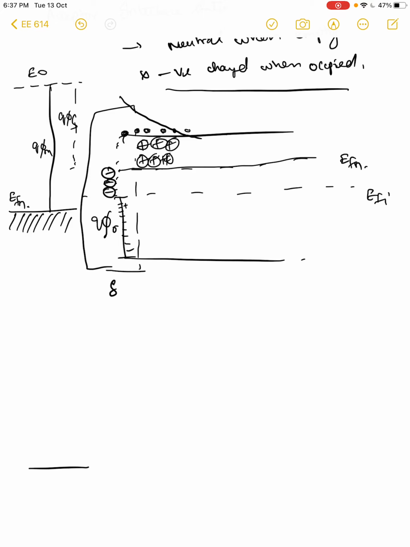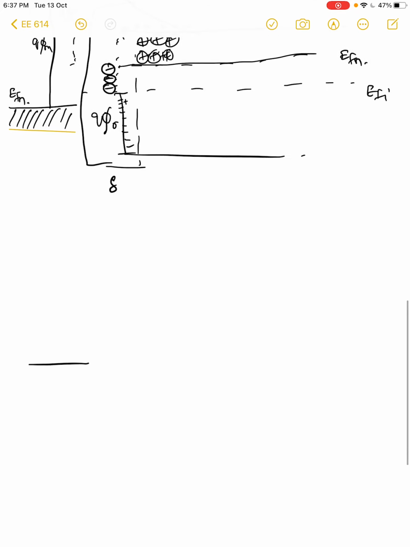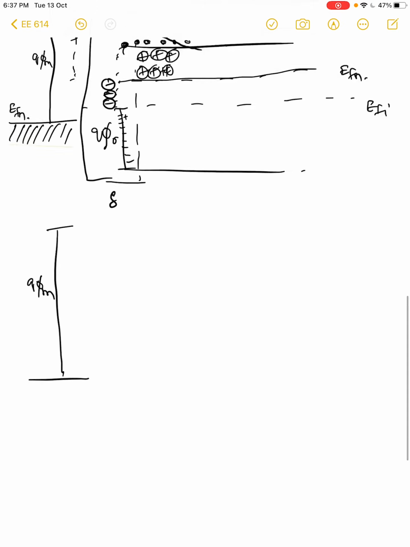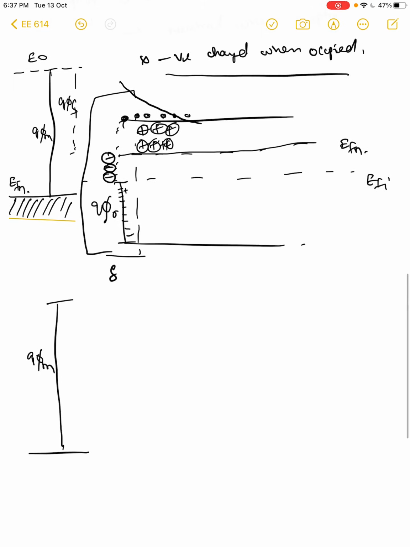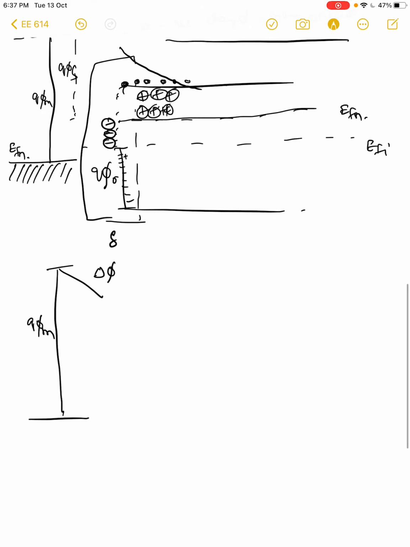So when I make this interface, you can see that now I will have a metal work function Q psi m, and I will have a small dip in the potential equal to del psi. I'll calculate del psi, which comes from the interface charge density.